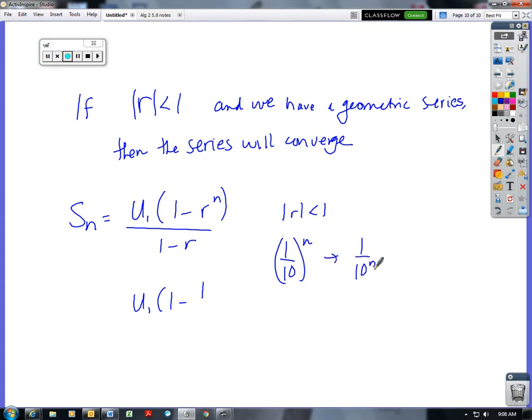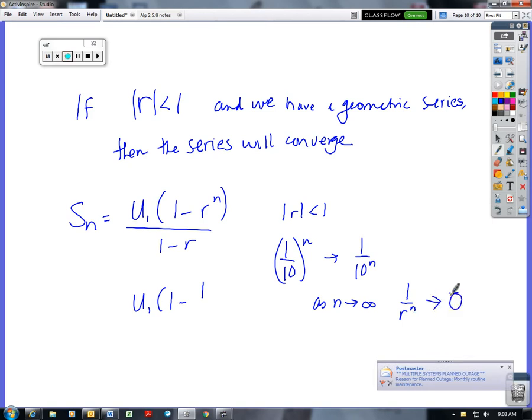And as n gets large, because we're summing an infinite series, so n approaches infinity, this is basically r to the n, isn't it? Then 1 over r to the n would approach 0. 1 divided by a very large number will be 0.